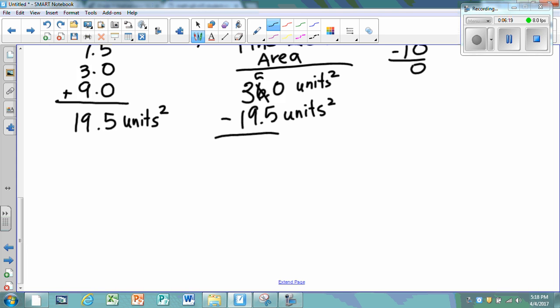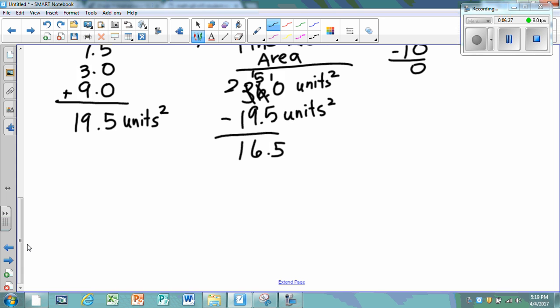So I've got to regroup. That'll give me 5/10. And then I can't subtract 9 from 5, so I'm regrouping again, 15. That's going to be 6, and then 1.